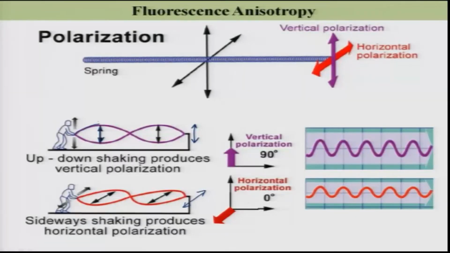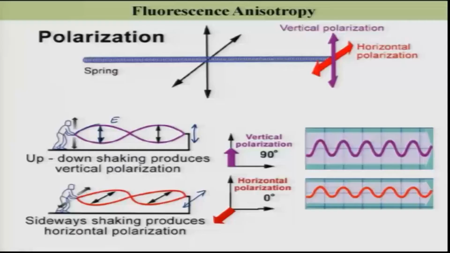If you consider a normal light source, and this is the electric field of the light source, then the oscillation of this electric field could be in any direction, either vertical or horizontal or any direction between the vertical and the horizontal. So, the electric field is in this direction or this direction or this direction, all possible directions.